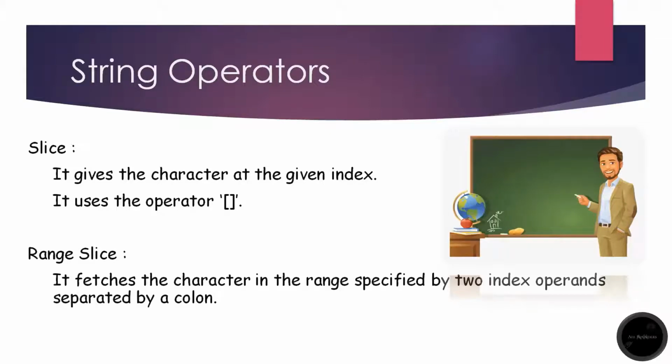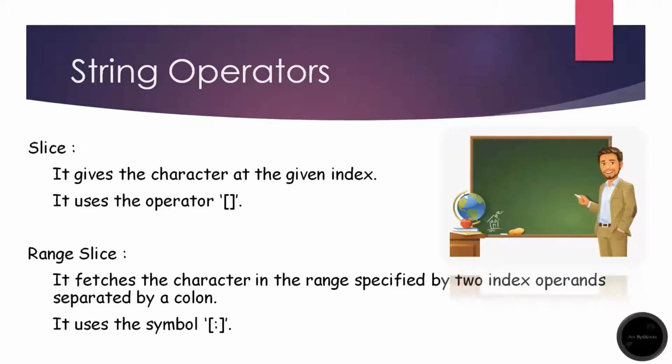It fetches the characters in the range specified by two index operands separated by a colon, and it uses the symbol square brackets with a colon sign. Guys, if the first operand is omitted, the range starts at the zero index. And if the second operand is omitted, then the range goes up to the end of the string. The slice starts at the first index. The slice ends one index before the second index, that is, the value of the index minus 1.